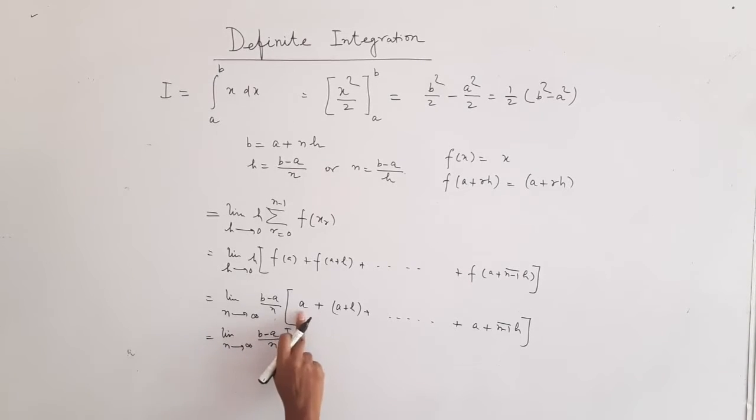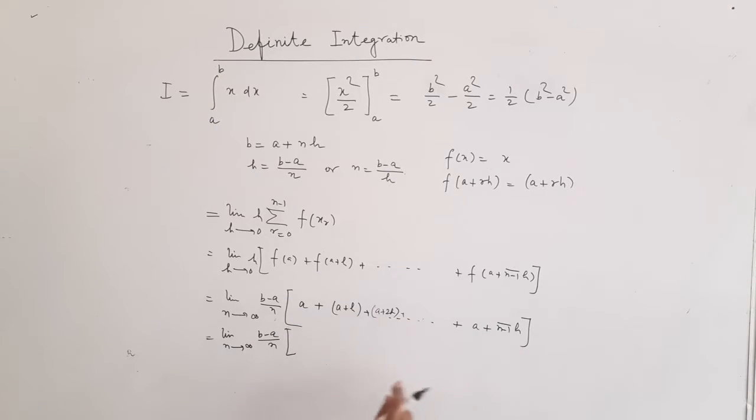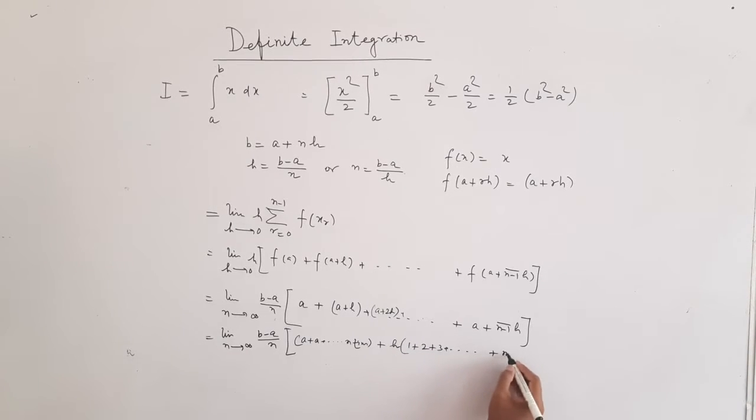Then here the a is there, a is here also, definitely there is a plus 2h, and there are n terms, so a is everywhere, so we have a plus dot dot dot n times. And then second time you see you have h. Because I am taking it common, it is h, and then what you get? 1 plus 2 plus 3 plus dot dot dot plus n minus 1.